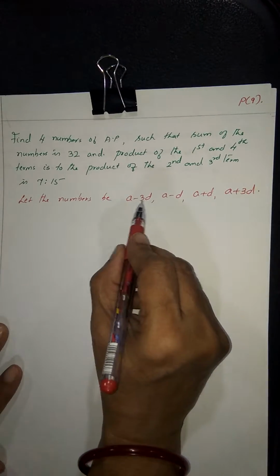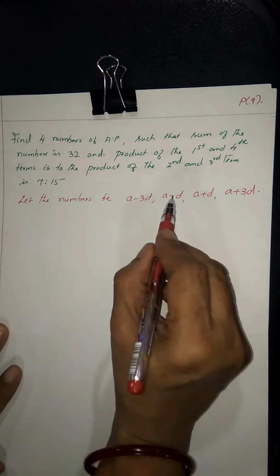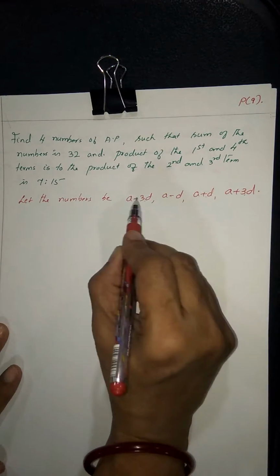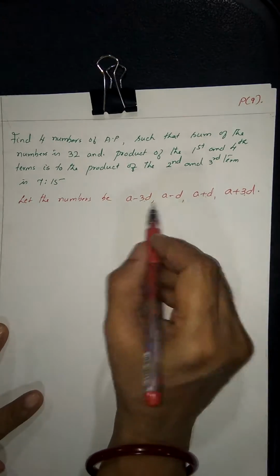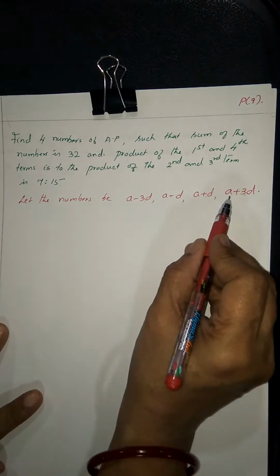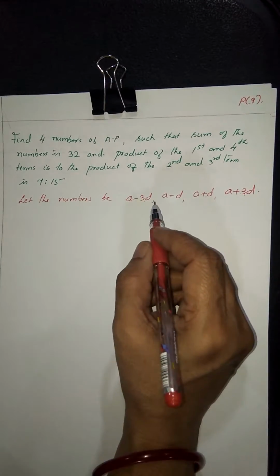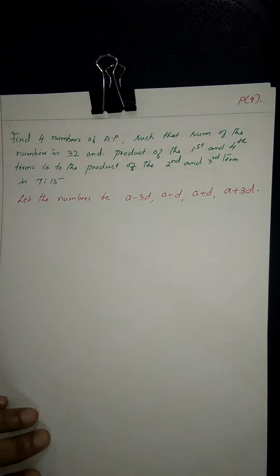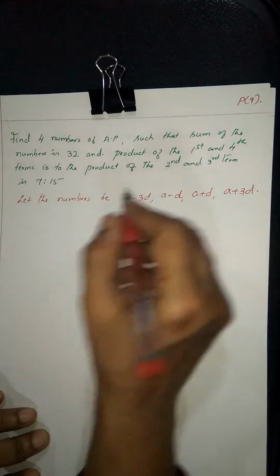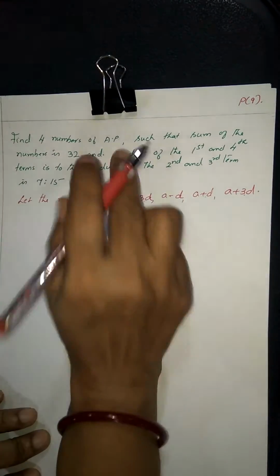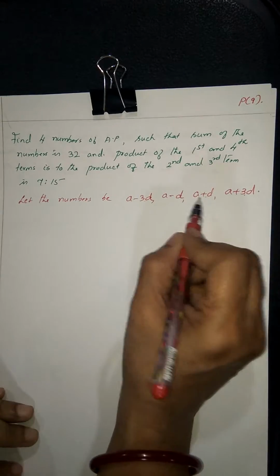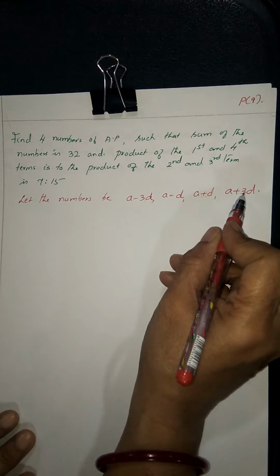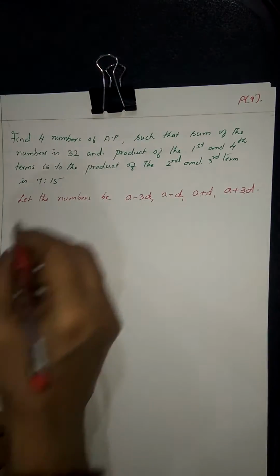If you see here, this is minus 3d, this is plus 3d, here minus d and plus d. If you add these, all the d's will get cancelled and you are left with 4a. So it will be easy for you to find the value of a. That is the reason why, whenever four numbers are given, you should always assume them as a minus 3d, a minus d, a plus d and a plus 3d.